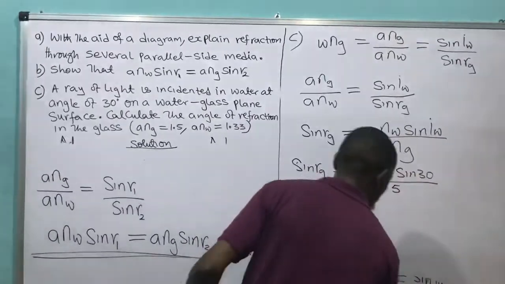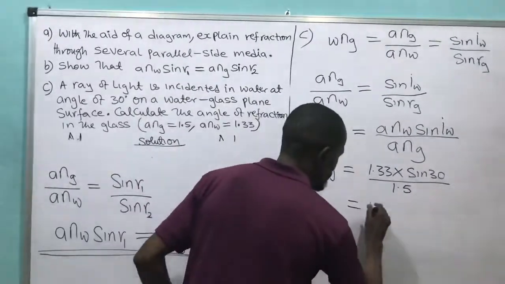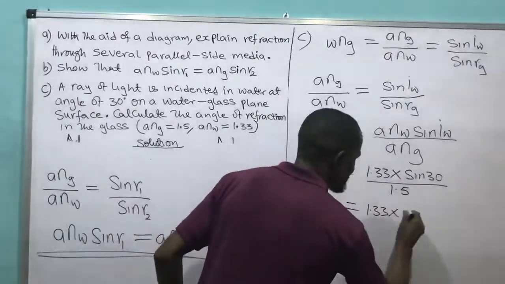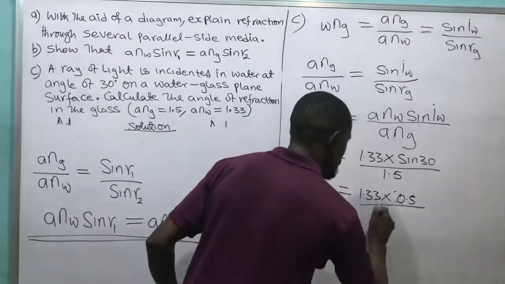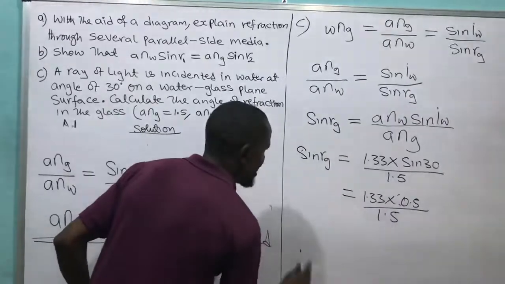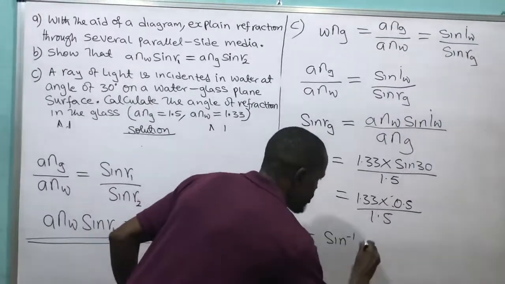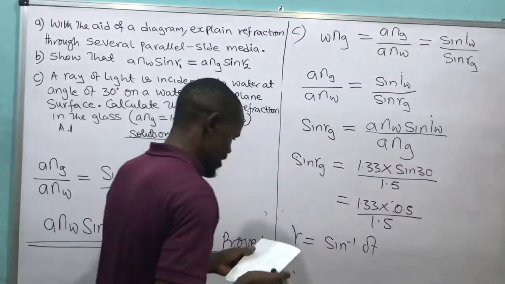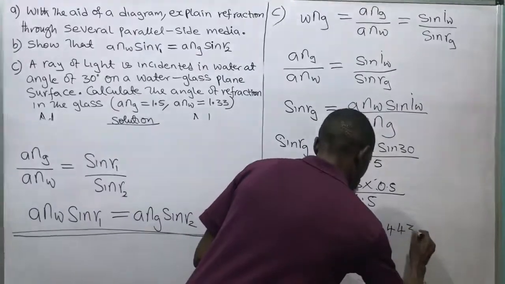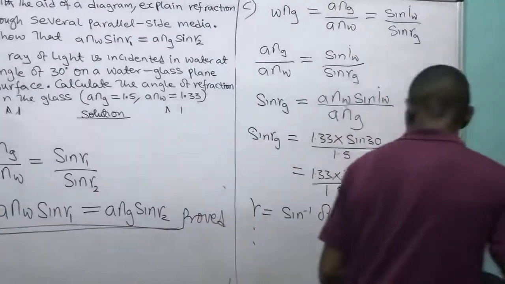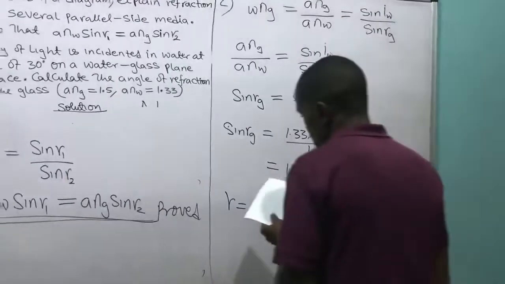Can somebody press it for us fast? That gives us 1.33 times sine 30, which is 0.5, all over 1.5. Then I can say r is equal to sine inverse of, when you press this, it will give you 0.4433.